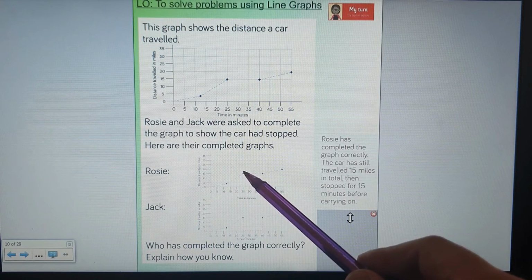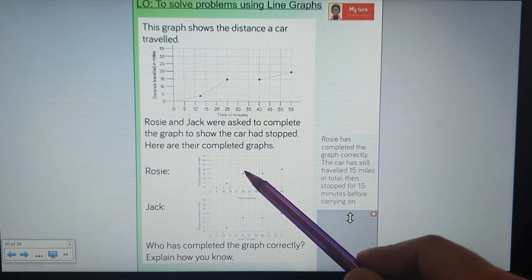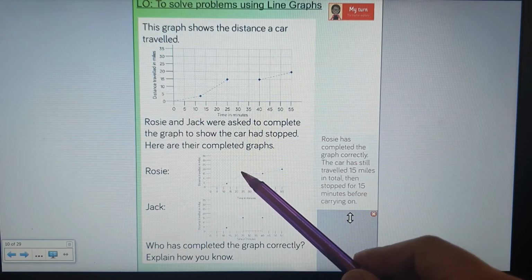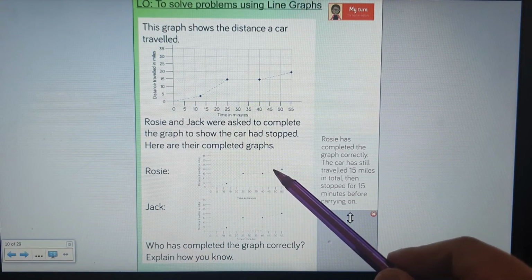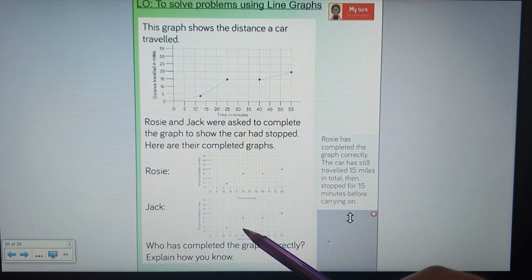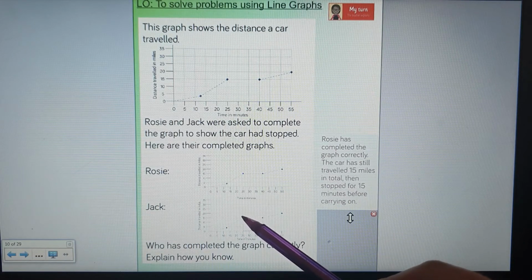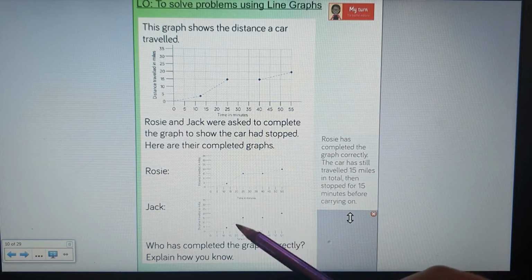All right, it hasn't like gone back. They're on their journey. So maybe she's just stopped for a little part and they'd still gone that distance. And then they carried on their journey, carried on moving. For Jack, if they'd gone back here, they'd have gone back. They'd have travelled nothing. Could have like almost gone back to the start. But they didn't, they just stopped. Didn't go back. So this one is incorrect. So Jack is incorrect.